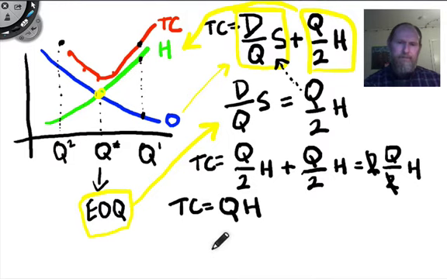So what? Well, what we're trying to do is get this Q out of the equation. So let's just put in the formula for Q. So we would need to put in a formula for Q asterisk.